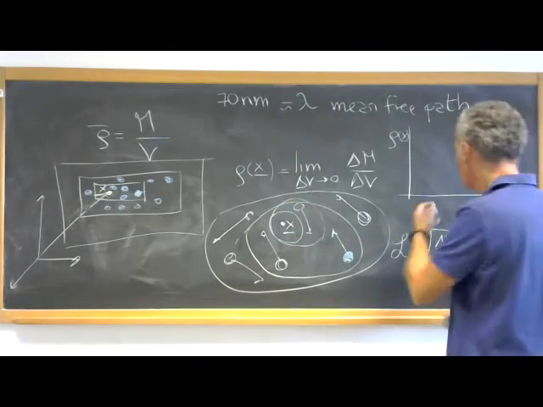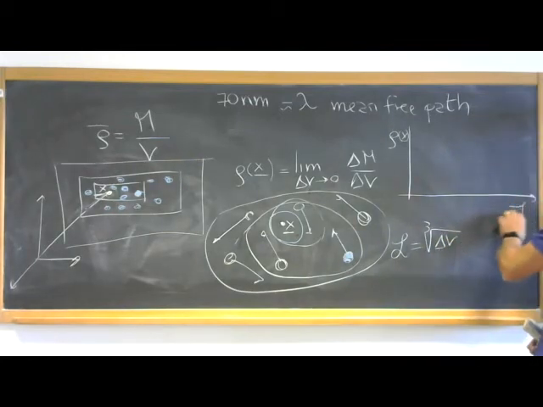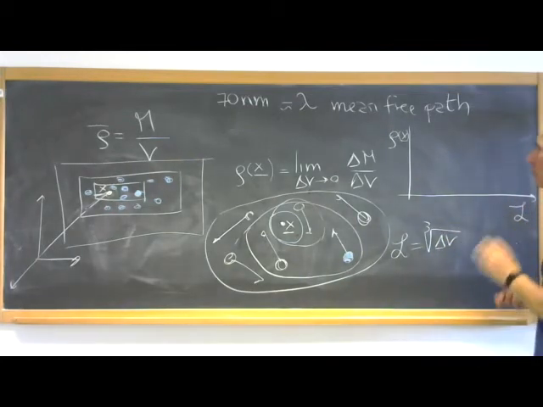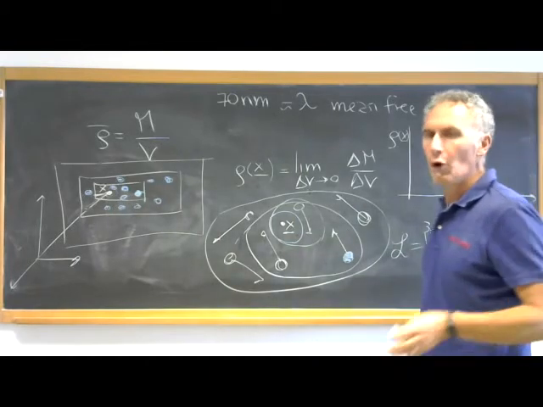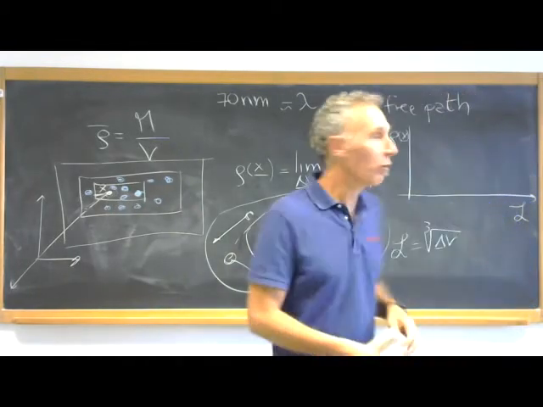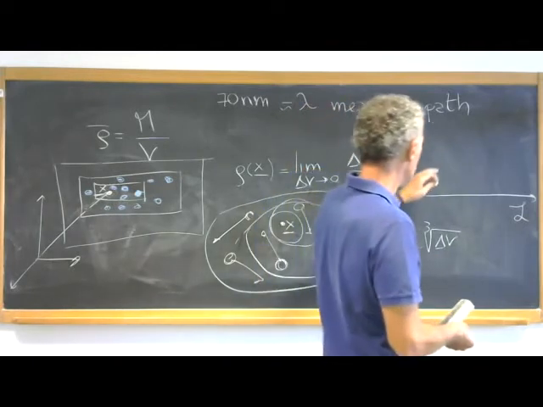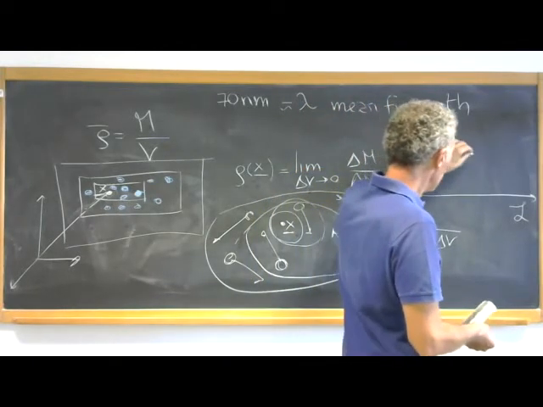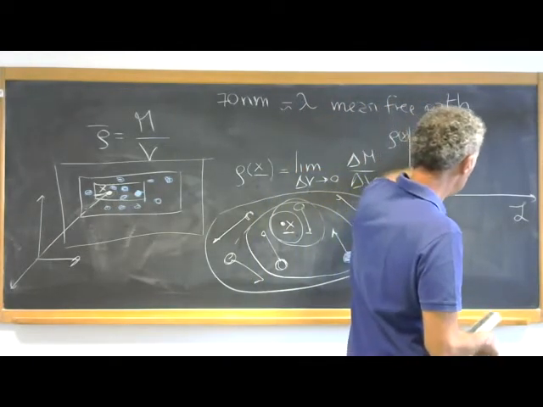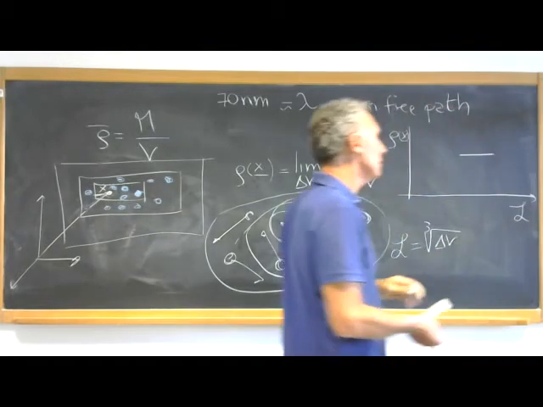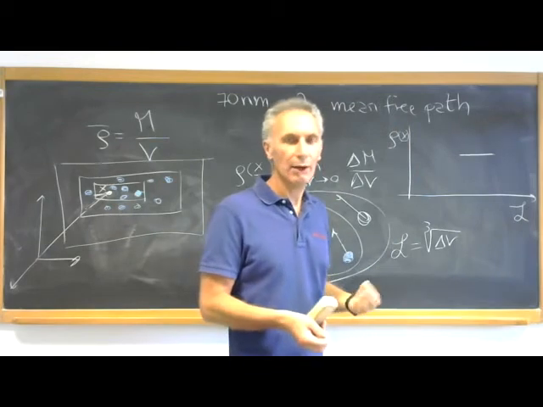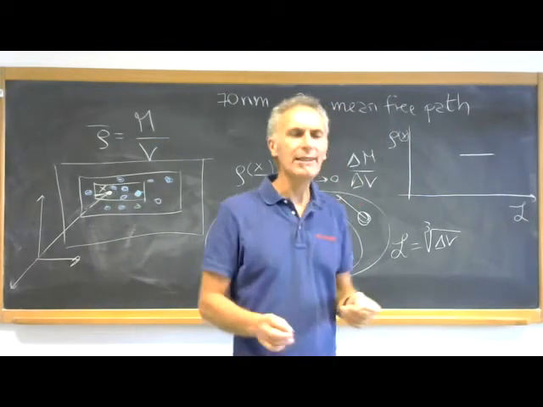So if you use this characteristic length, you will get a very typical behavior which applies for all kinds of quantities, which is the following. If the volume is big enough, then you get a value which is independent of the volume itself. And this is easy to understand.